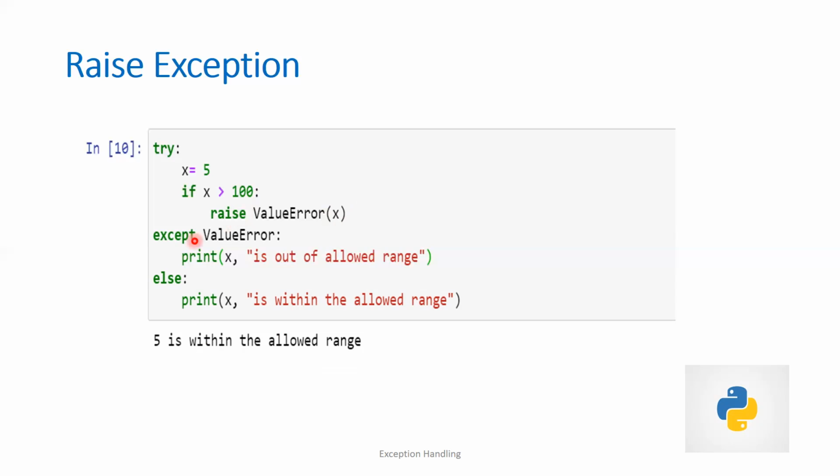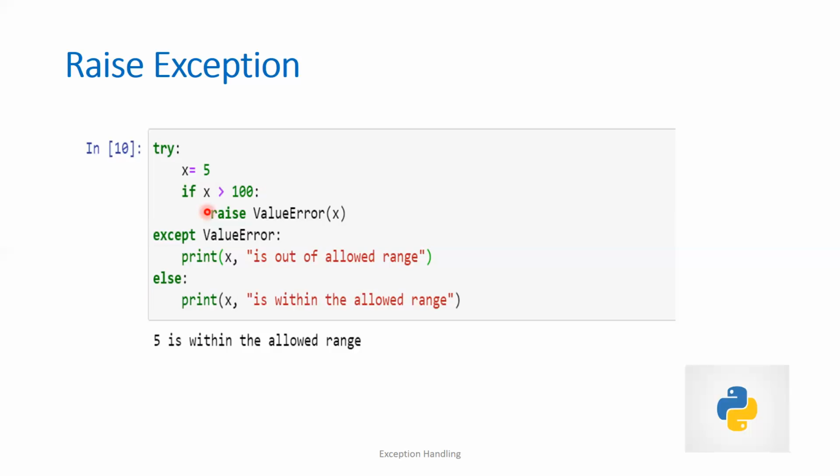Then it will move to this exception, value error. Here is the exception value error, and here this line will be printed: x is out of allowed range. So if x does not violate these rules, if x is less than 100, then this else portion will occur because there is no exception.